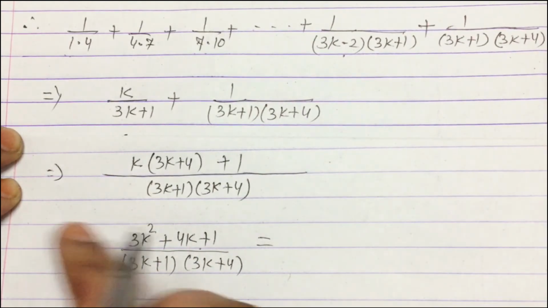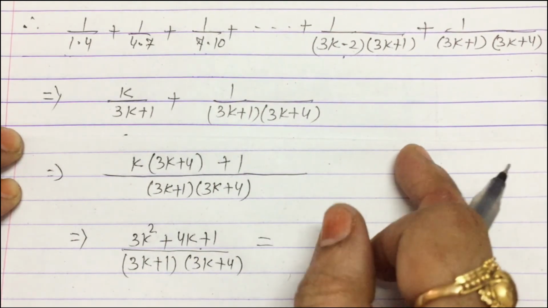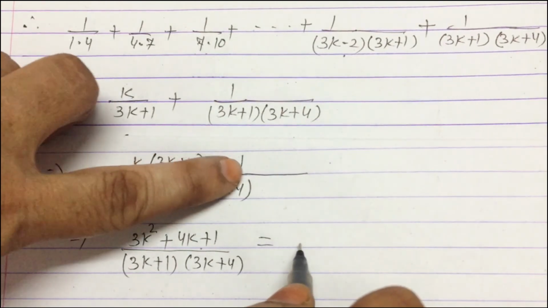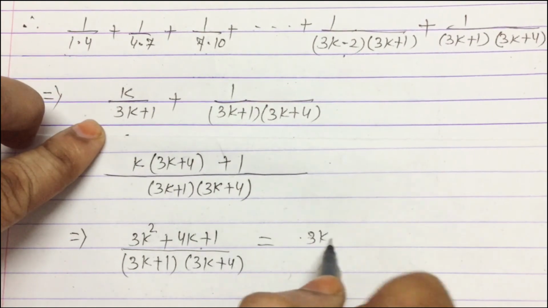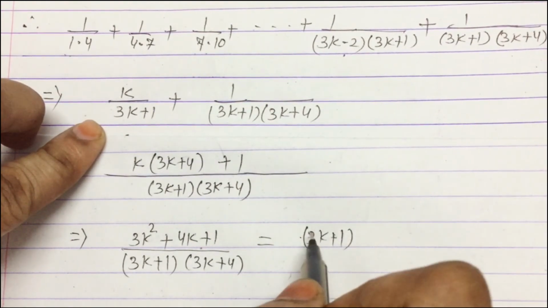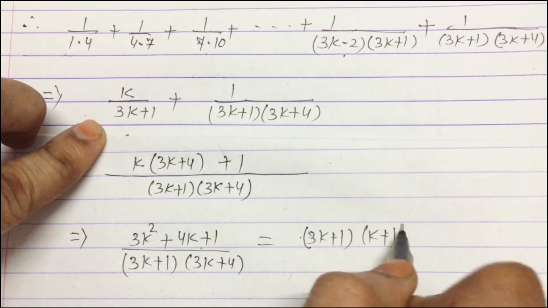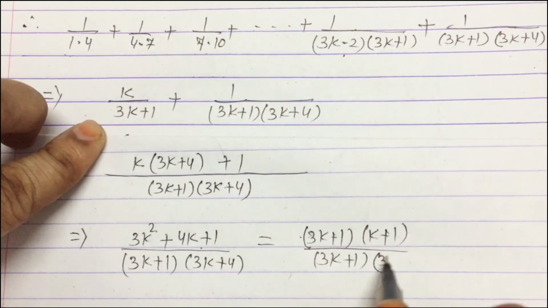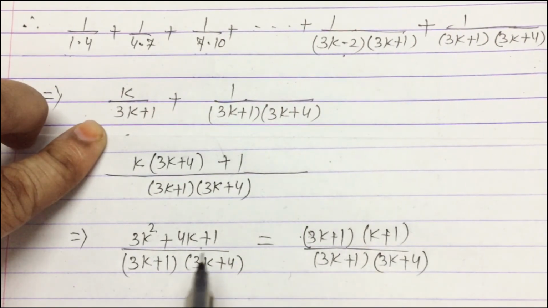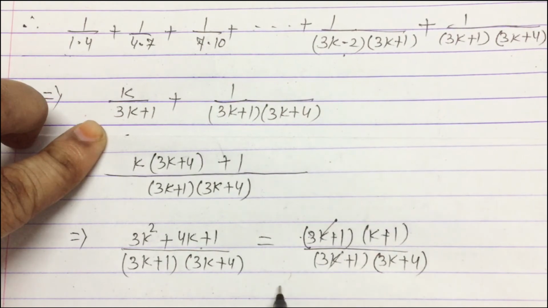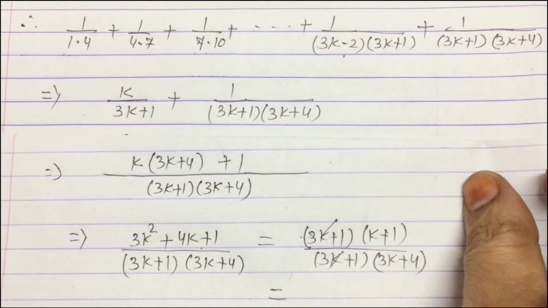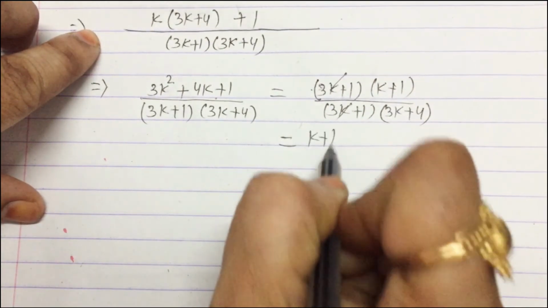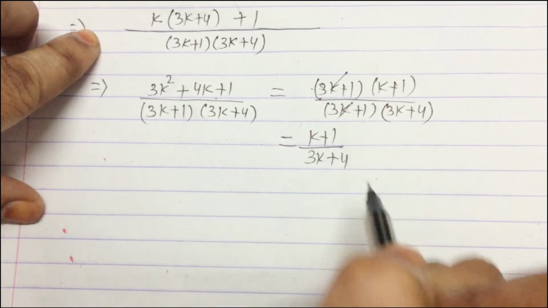Okay, so you will get 3k plus 1, okay, into k plus 1, over 3k plus 1 and here 3k plus 4. Okay, now see 3k plus 1, 3k plus 1 will cancel and we will get k plus 1 by 3k plus 4.